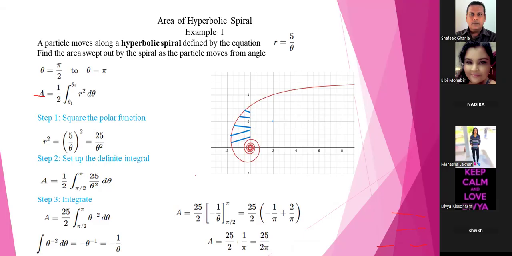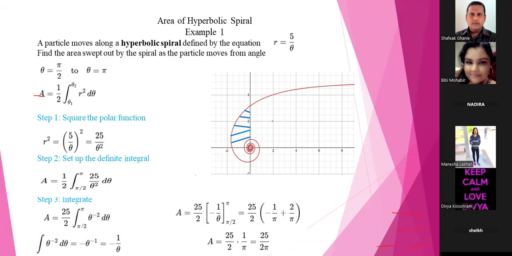We set up the definite integral and substitute this into the formula. Now we have a half the integral from pi over 2 to pi of 25 over theta squared with respect to theta, and for step 3, we factor out the constant. We can take the 25 out of the integral because it's a constant.